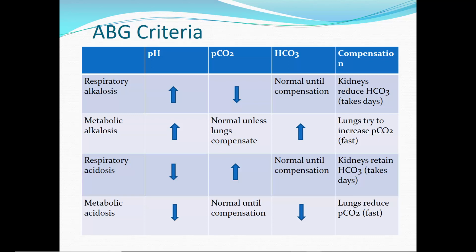So in respiratory alkalosis, the pH is up and the PCO2 is down. In respiratory acidosis, the pH is down and the PCO2 is up. In metabolic alkalosis, the pH is up and the bicarb is up. And in metabolic acidosis, the pH is down and the bicarb is down.